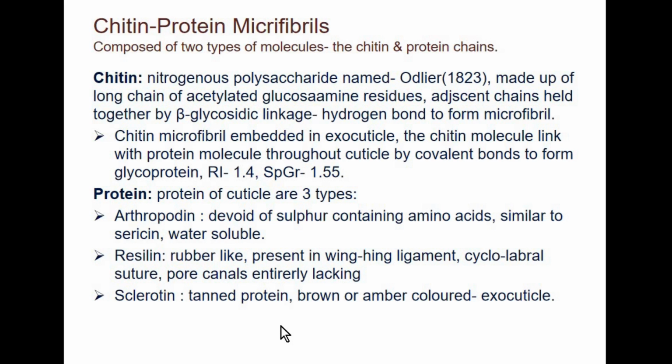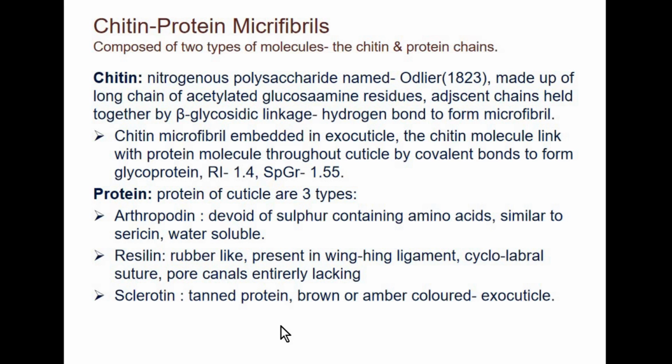In fact it is a tanned arthropodin produced due to the action of quinone with the N-terminal amino acid groups of the arthropodin molecules, and finally the quinoid protein links onto another protein molecule by cross linkage. So sclerotin is a tanned protein and it is present in the exocuticle.